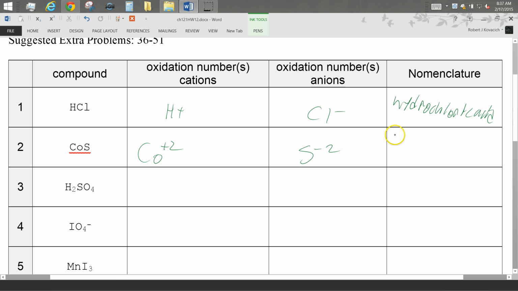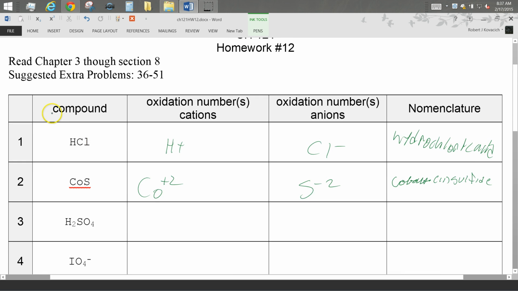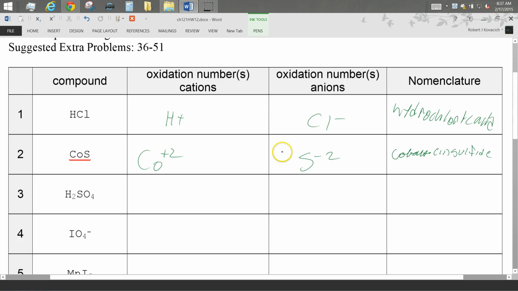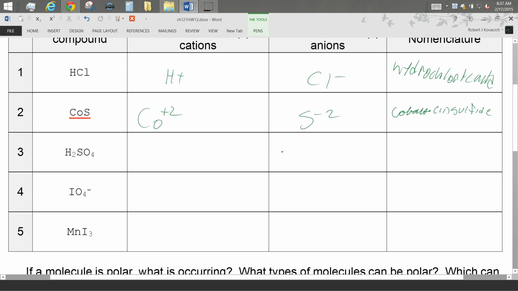How about this? And was it sulfide? Wow. All right. There's definitely something wrong with that. Maybe it's trying to. It doesn't matter.